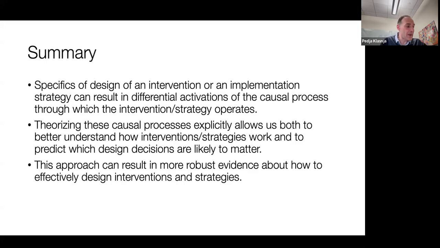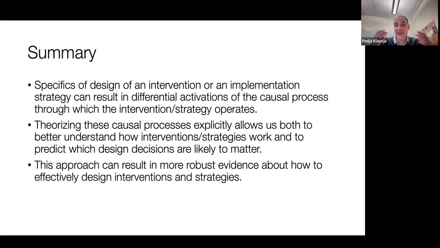All right, so I'm going to finish up so we have a few minutes for questions. So basically what I try to argue is that specifics of the design of an intervention or an implementation strategy can result in differential activation of the causal process through which that intervention or strategy operates.